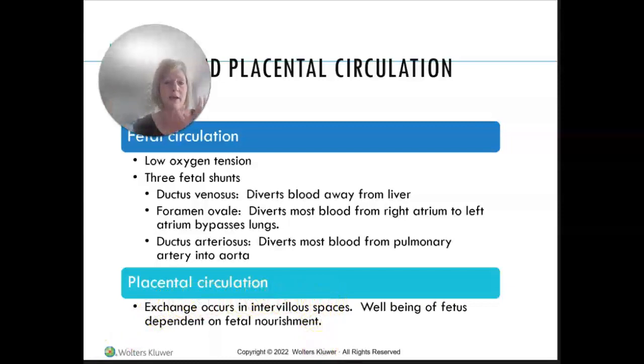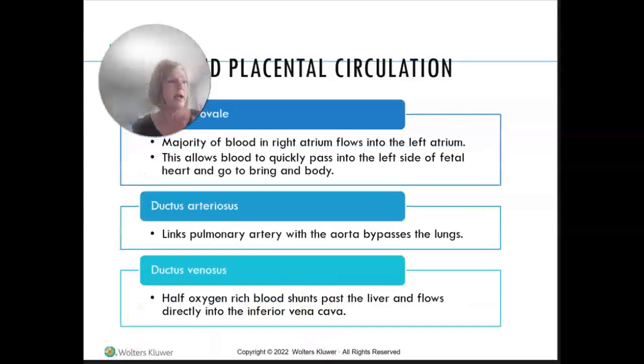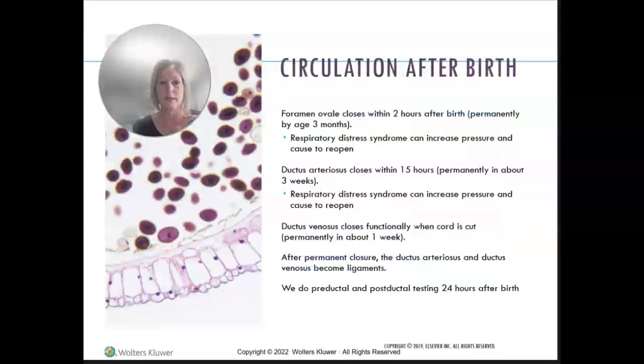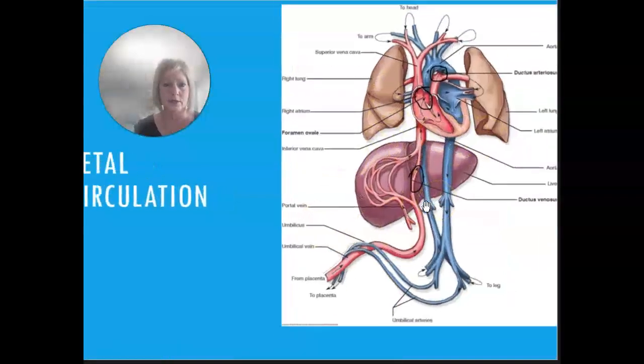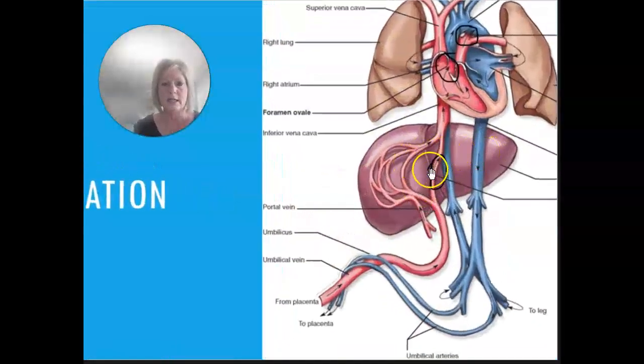So just kind of keep that fetal circulation in your mind. I don't think I have a picture of it. Yep, I do, right here. So here's your fetal circulation. It's not a super great picture, but you can kind of see, here's your ductus venosus. Here is your foramen ovale, where the two atria are connected.